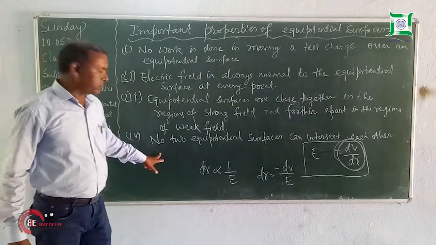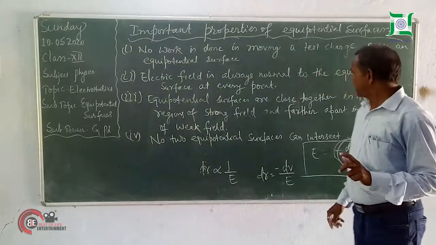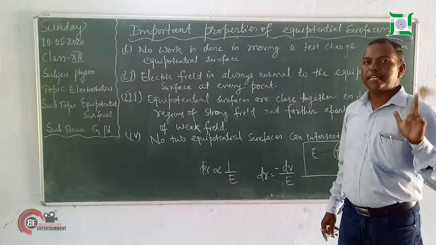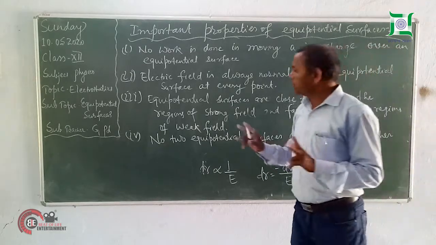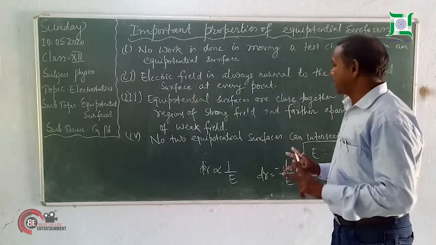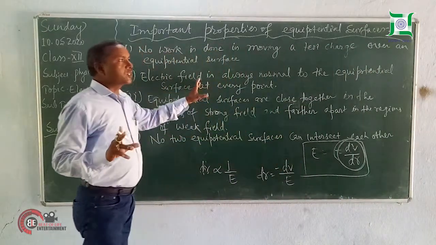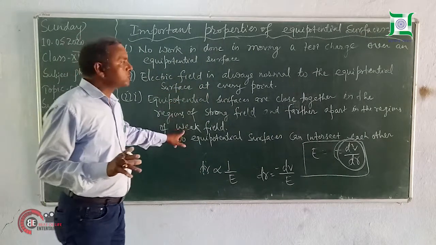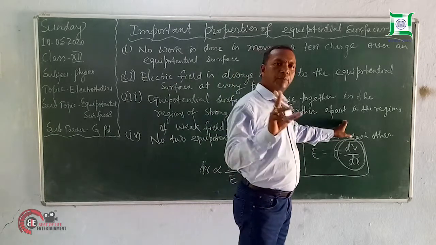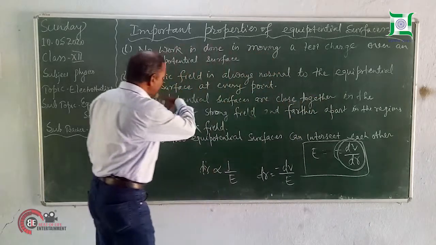Next properties of equipotential surfaces: no two equipotential surfaces can intersect each other, just like no two electric lines of force can intersect each other. जैसे कोई भी दो विद्युत बल रेखाएं एक दूसरे को काट नहीं सकती, क्रॉस नहीं कर सकती. ठीक उसी प्रकार कोई भी दो इक्विपोटेंशियल, हम लोगों ने यहाँ पे देखा, equipotential surfaces in the case of a positive point charge and in the case of two equal and opposite point charges separated by some distance, जो यहाँ पे डैश लाइन था और यहाँ पे कर्व लाइंस था.